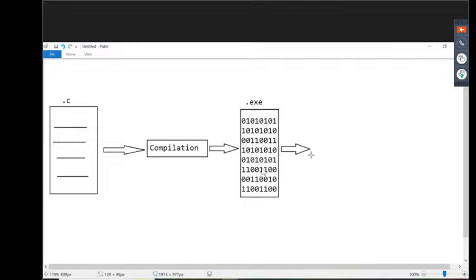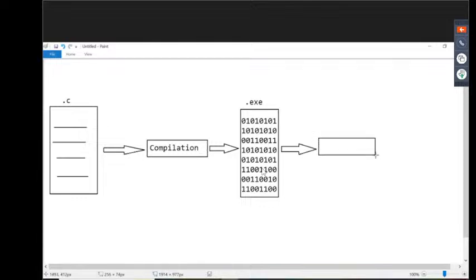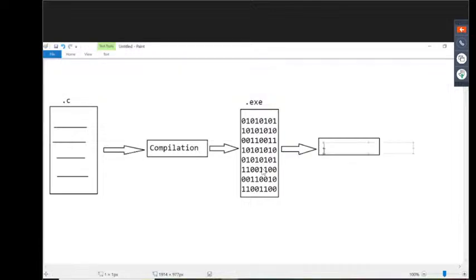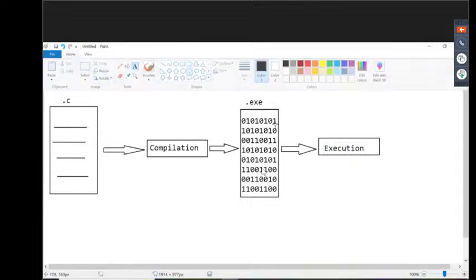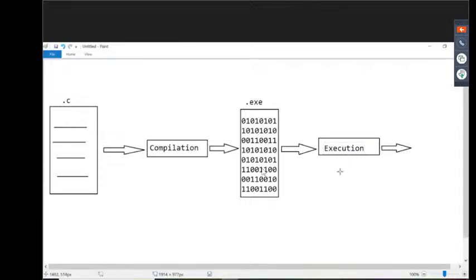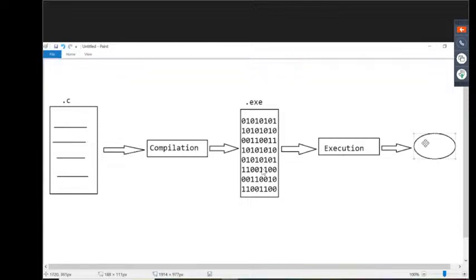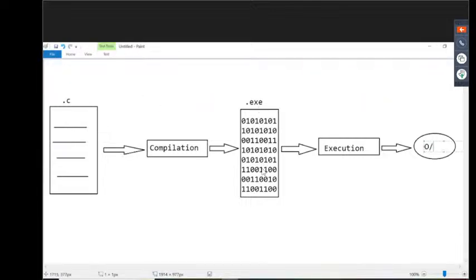Whenever we get the .exe file, we have to go with the execution. After the execution, we are able to get the output.